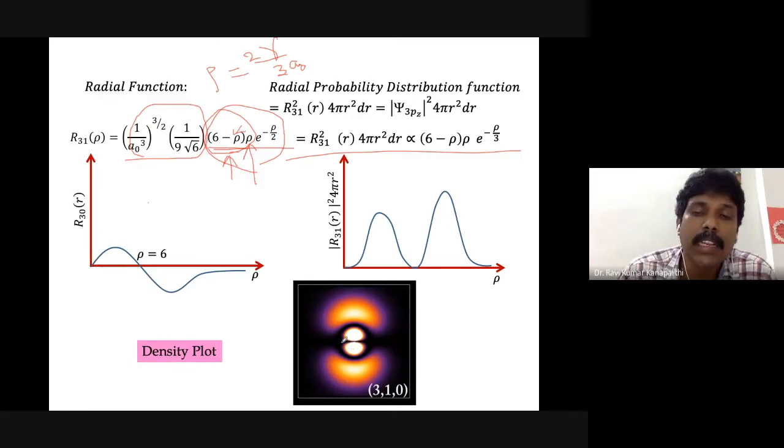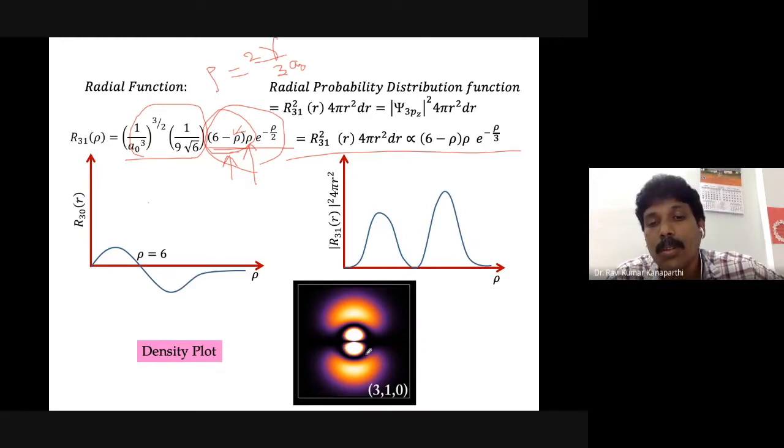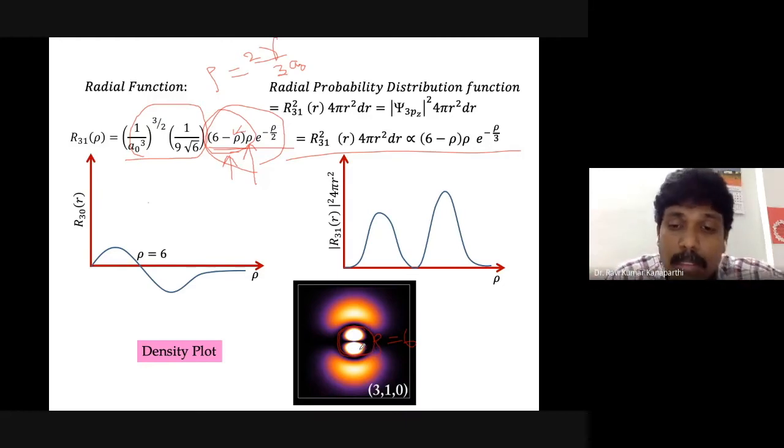The dark indicates the wave function is minimum, like a node. This is the node at which rho is equal to 6. The dark region you see here is a sphere of rho equal to 6, and this is nothing but the node at which the total wave function becomes 0.